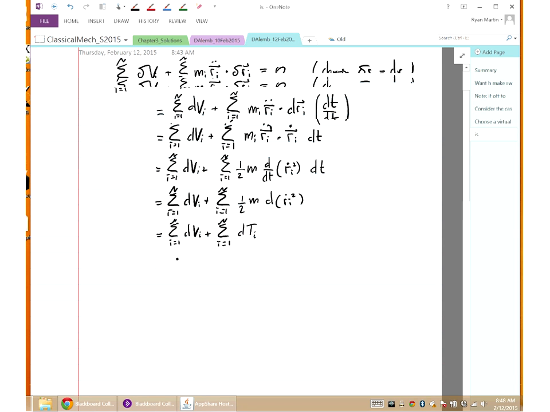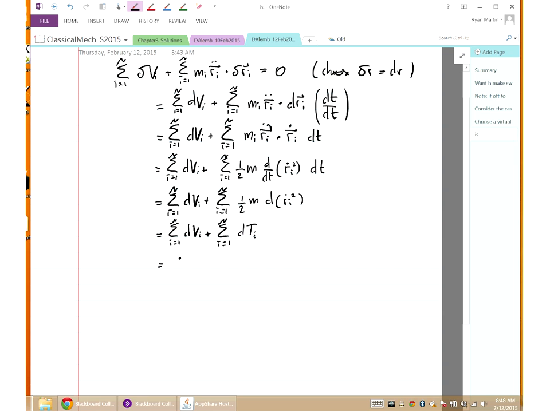So there's one potential V on each particle. Now let me put it as the sum over one thing: the sum from i equals 1 to n of d of Vi plus Ti.